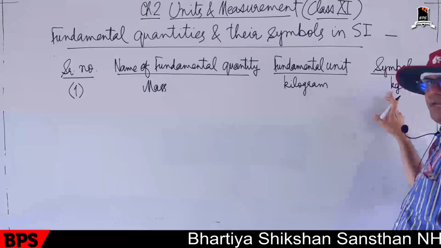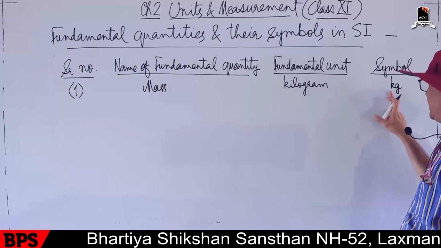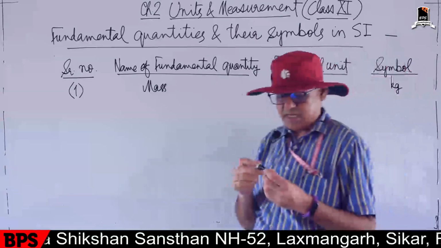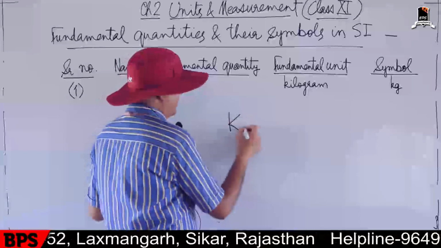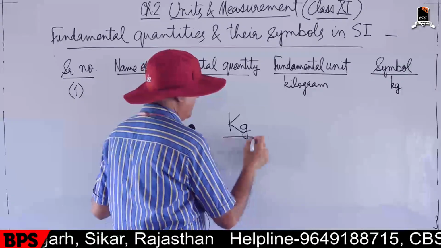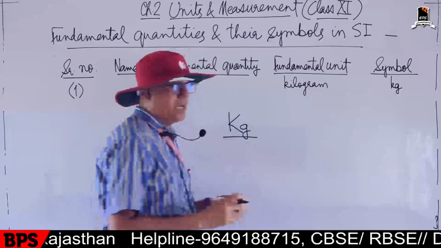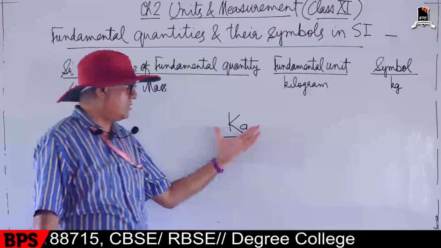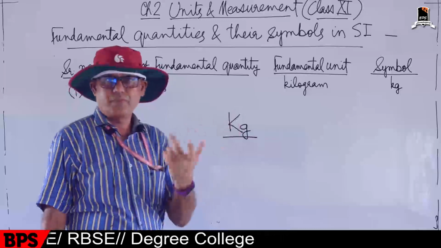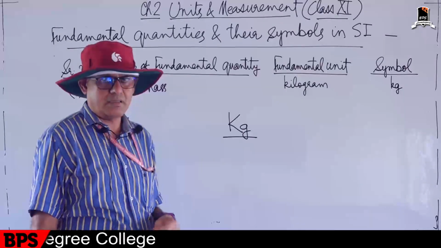Notice very carefully that it is small k. If you write capital K, small g, then this is not adopted as unit of mass. This is not the symbol of unit of mass.